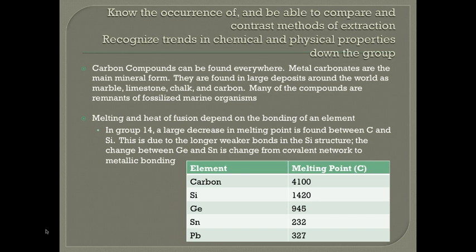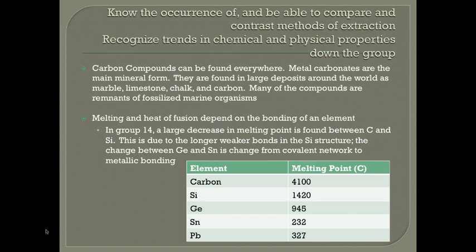Let's take a look first at the trends in chemical and physical properties down the group, as well as some of the methods of extraction. Carbon compounds can be found everywhere. In grade 11 chemistry, we spent a good deal of time talking about carbon compounds. We will as well this year.